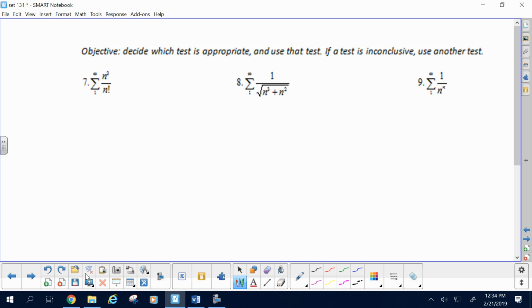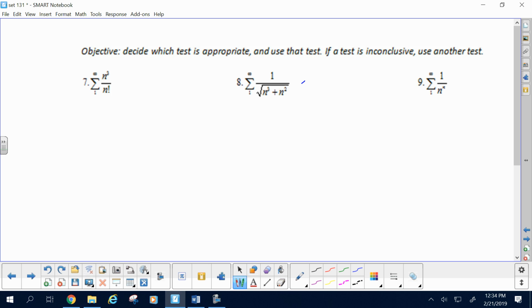What test did you try? Integral test. That's pretty good. Try a direct comparison test. Focus on the larger powers.